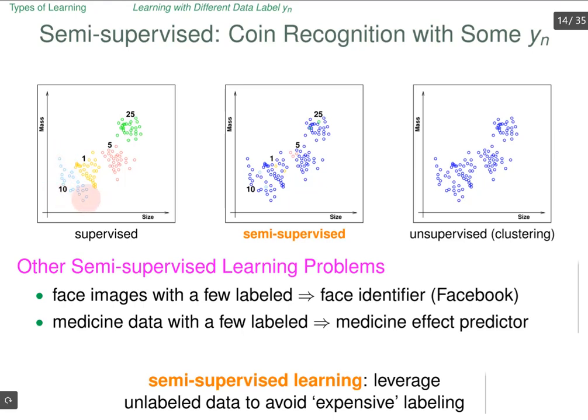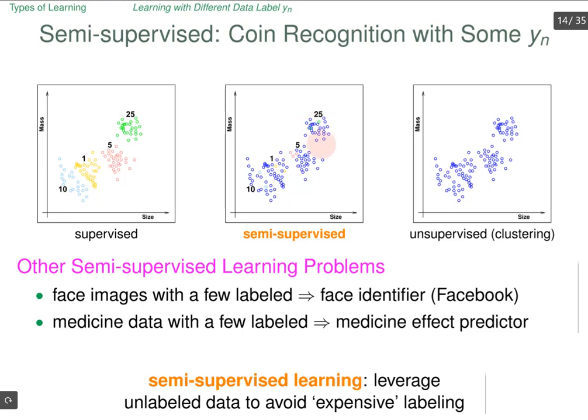All of them have corresponding y's. While in the semi-supervised case, only partial data is labeled, or 10% of the data for each class is labeled, and the task is to use that partial label information to perform the classification task. While in the unsupervised case, if you compare these three, we have no labels at all. In semi-supervised, we have some labels.